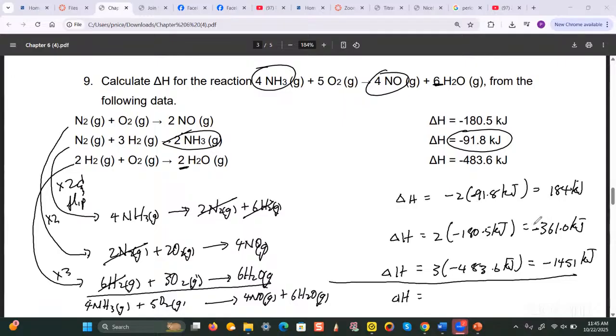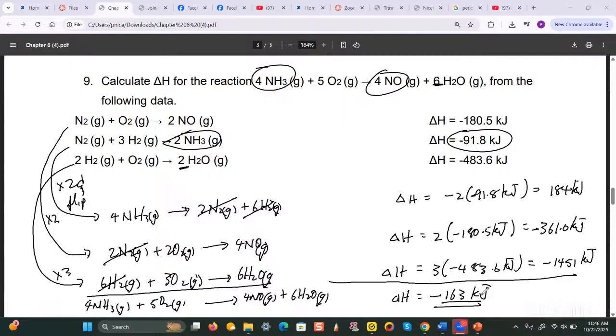That's positive, but that's negative. So 184 minus 361.0, and then minus 1451. According to my calculation, and please correct me if I'm wrong, I have to round off to 0 decimal places, which means that delta H here would be equal to minus 163 kilojoules. And that's how that would be done.